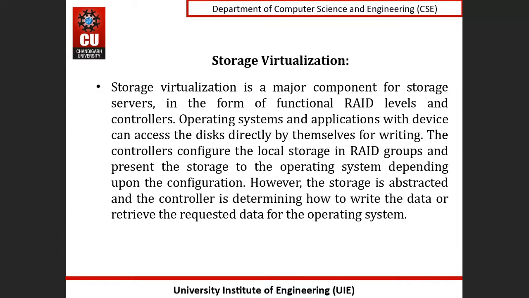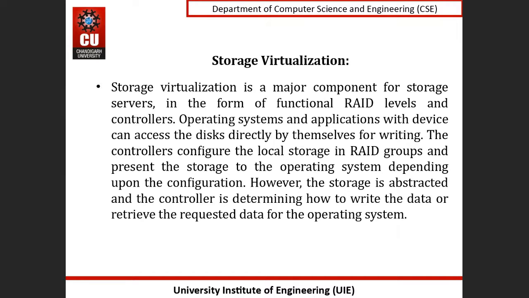For the storage of data we require disks also, so it works on the principle of these RAID levels. There are different RAID levels, and when you search it, it will show you the RAID levels also. The redundant array section will show you the array of disks, just to maintain the storage, so the OS and applications with the device can access the disk directly by themselves, even for writing.